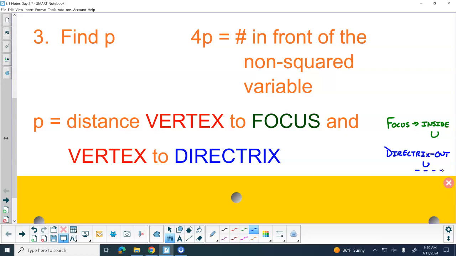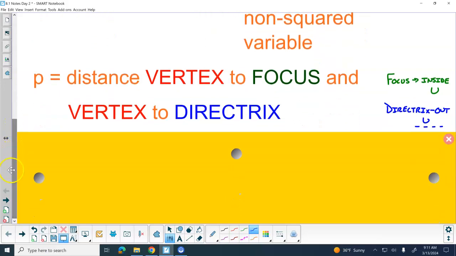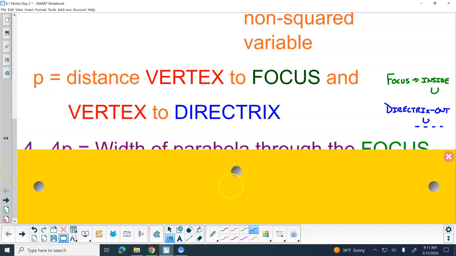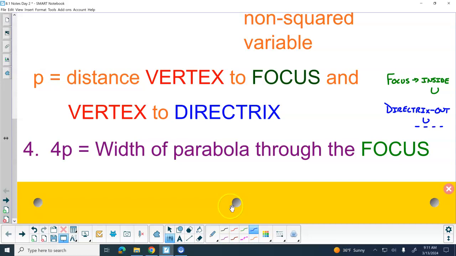Okay? Step number 4. What did we say we would get in step number 4 from Monday? The width of the parabola is how much? 4p, right? So the width of our parabola is 4p through the focus. That's the width at the focus.